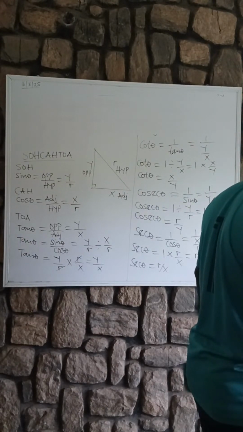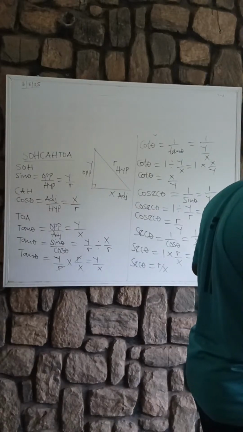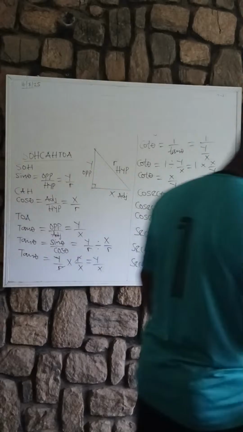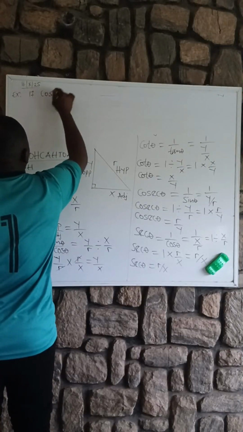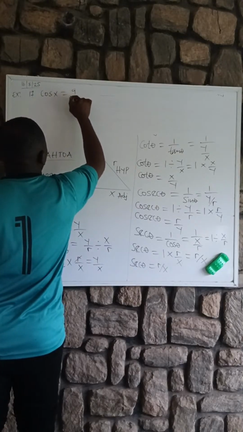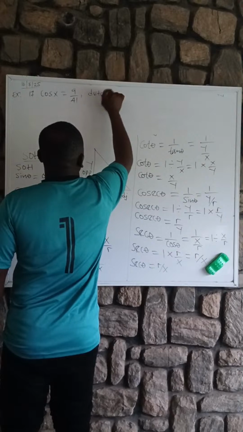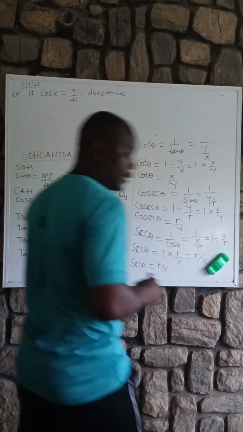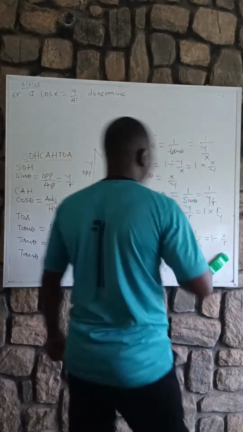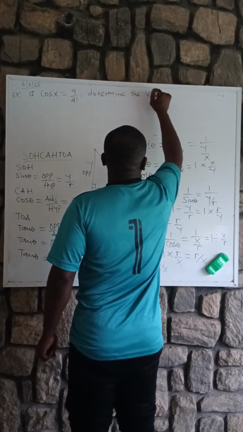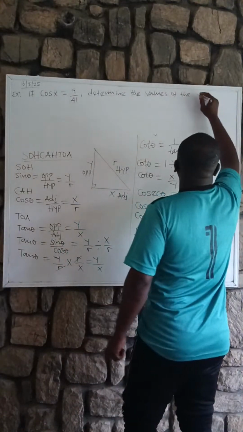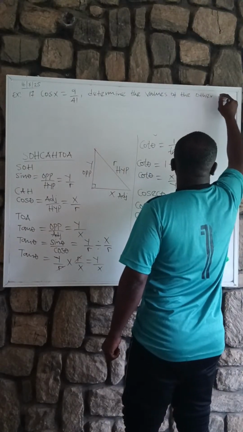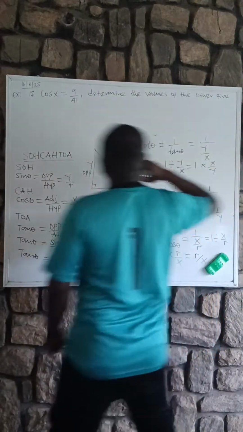One of the examples: if cos x equals 9/41, determine the values of the other 5 trigonometrical ratios.